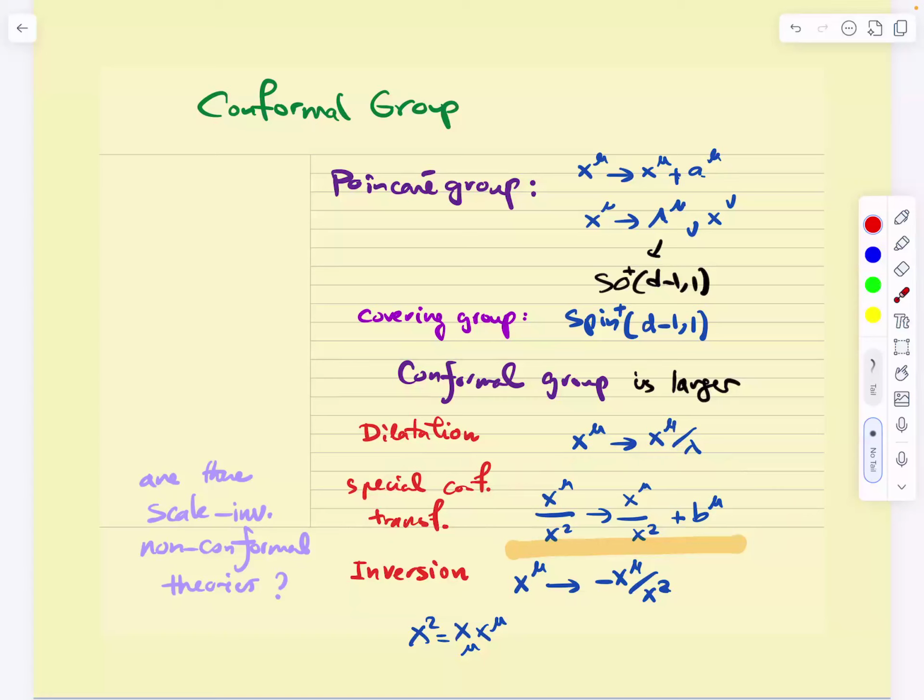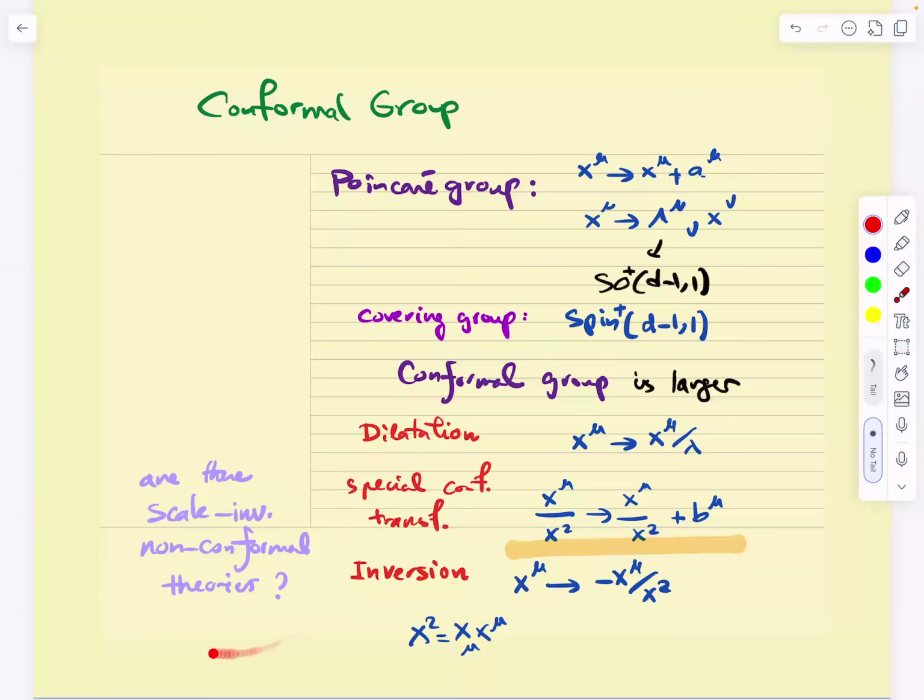It tells you right away that there's a simple way of getting the conformal group. If you have the Poincare group and you add dilatation, you do not quite yet have the conformal group. If you have inversion as a symmetry, then inversion, translation, and inversion back will give you special conformal transformations.